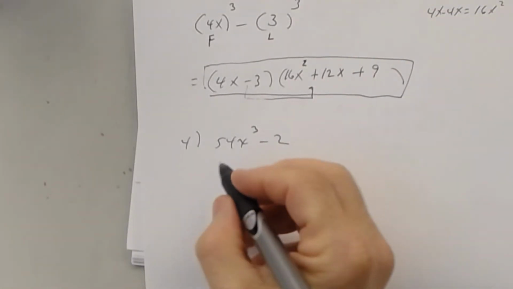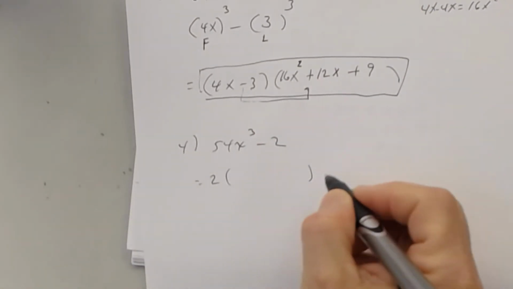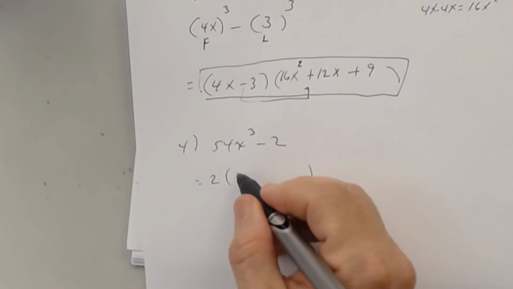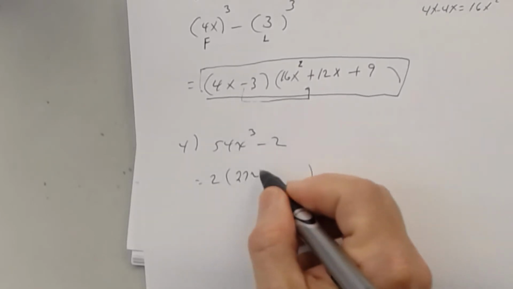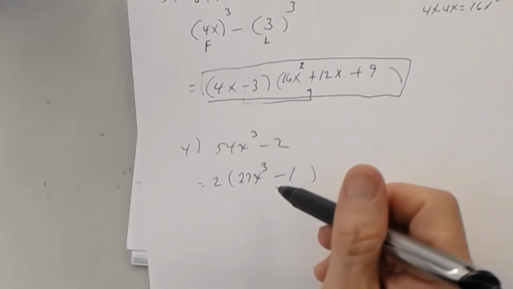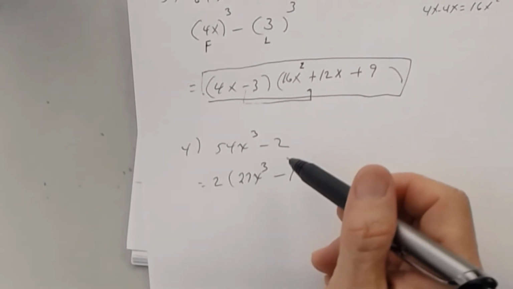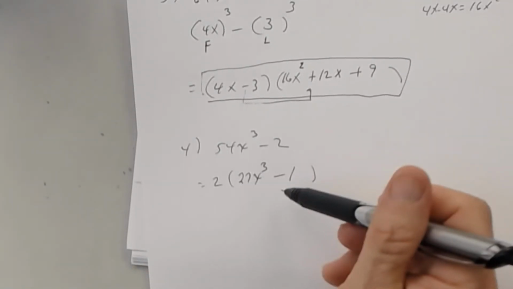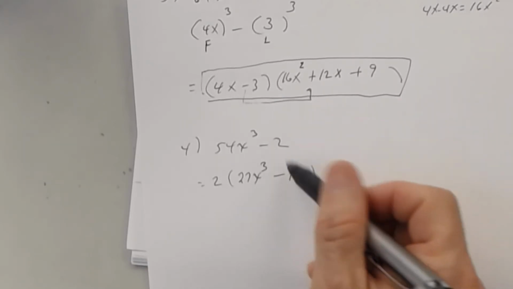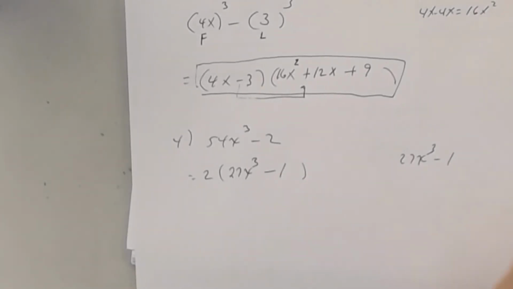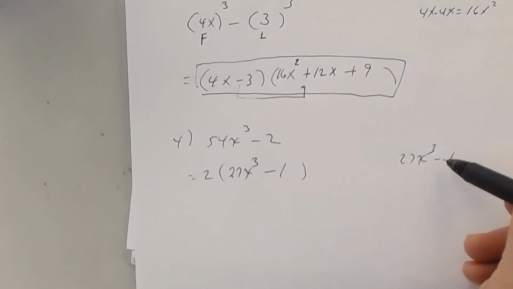So this becomes 2 times what binomial? 27x cubed minus 1. Now remember, you factor out the 2, but that doesn't mean that's your answer. You've got to look at the polynomial inside the parentheses, which is 27x cubed minus 1, and then you need to ask yourself, is this the difference of 2 cubes?